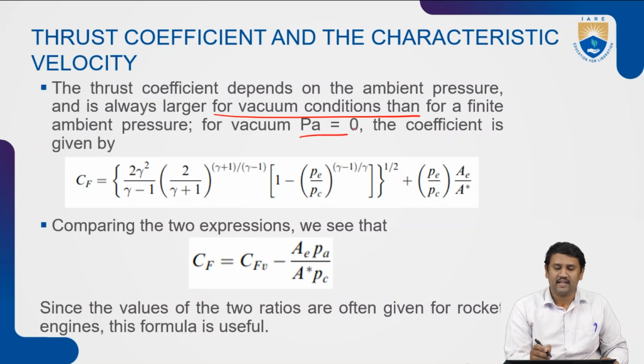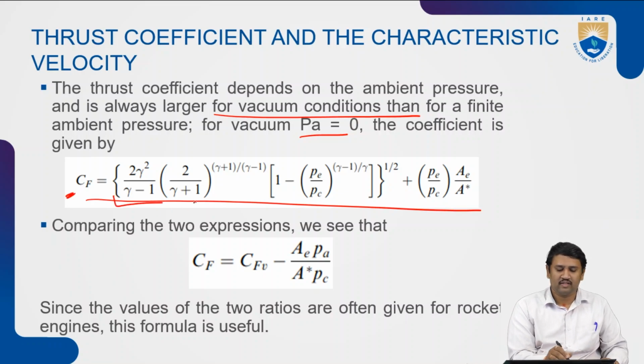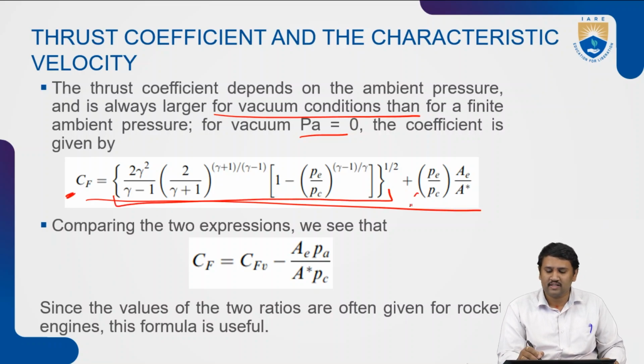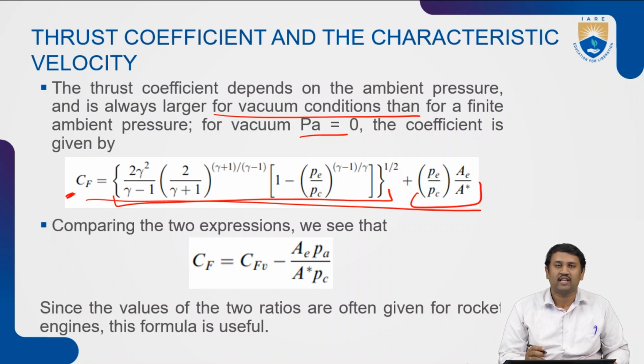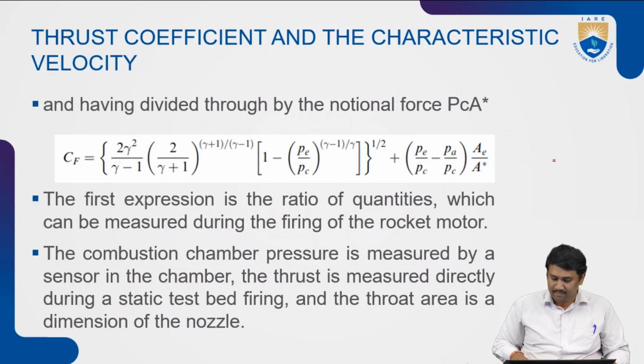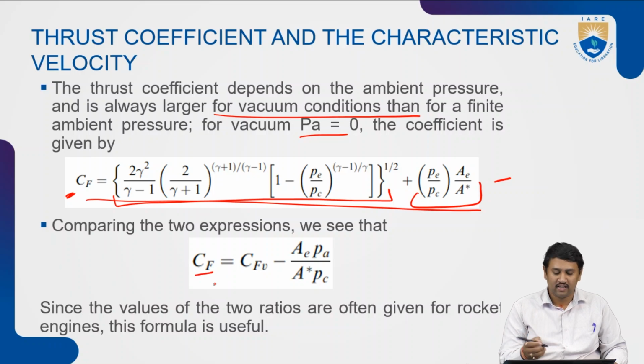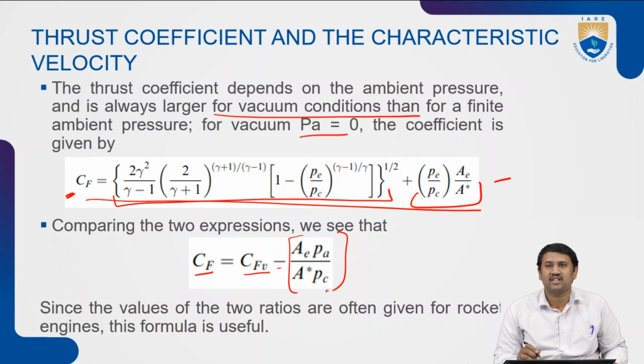For vacuum, P A, the ambient pressure, is zero, and the coefficient is given by the equation where the thrust coefficient equals the Newtonian force term plus the pressure and expansion ratio term. Comparing the two expressions, we can rewrite the thrust coefficient as equal to the thrust coefficient at vacuum minus the area and pressure ratio terms.